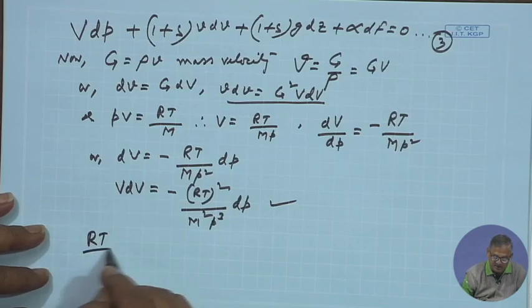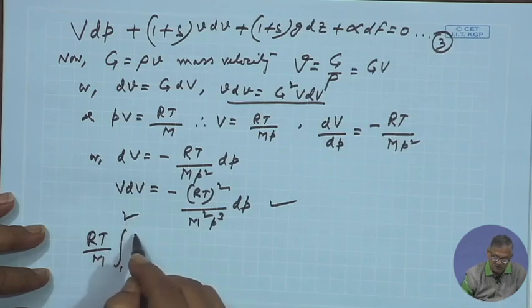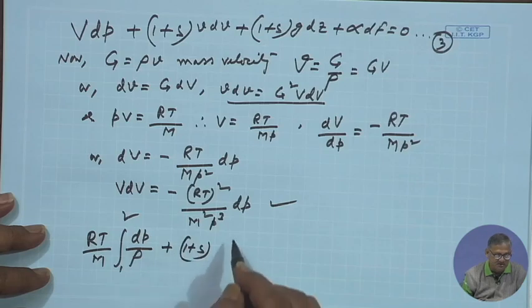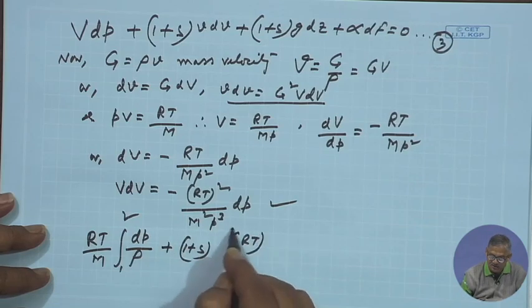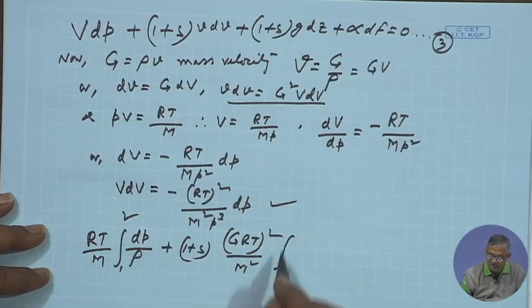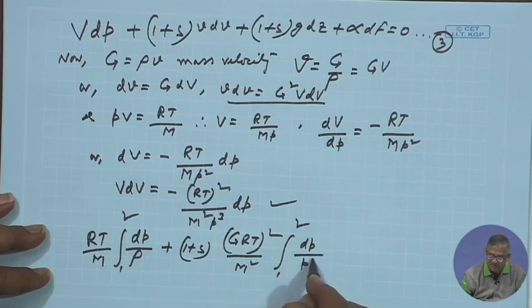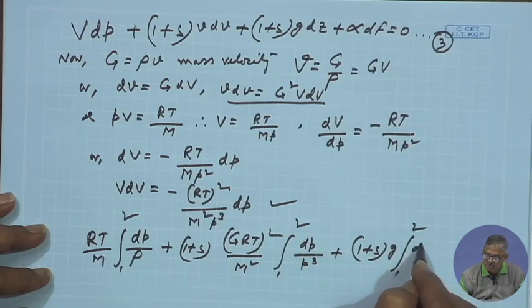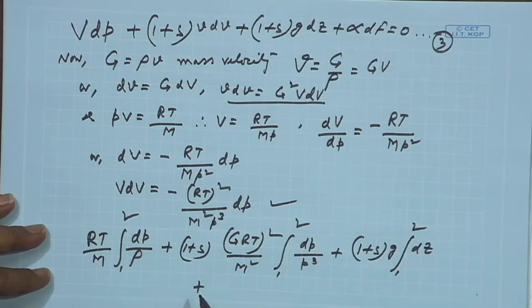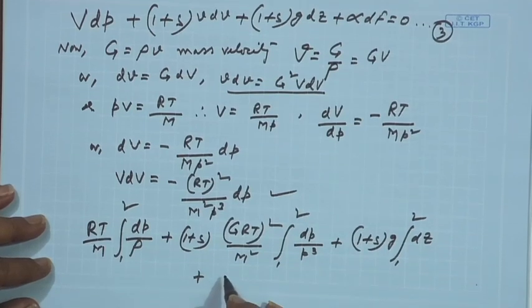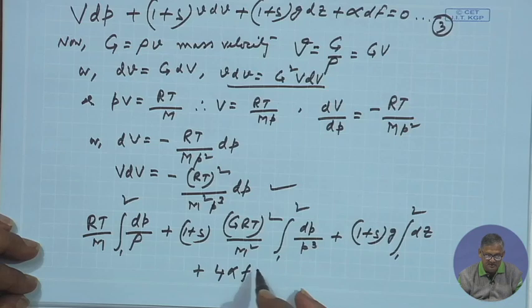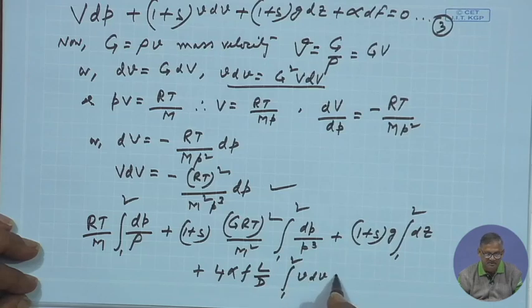We can write RT by M, between 1 to 2, dP over P, plus 1 plus S times GRT squared divided by M squared, again 1 to 2, dP over P cubed, plus 1 plus S times G between 1 to 2 dZ, plus, if we write dF in terms of frictional loss, 4 alpha F L by D between 1 to 2, again V dV is equal to 0.